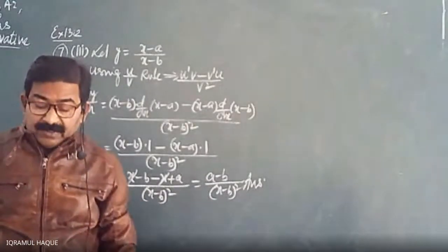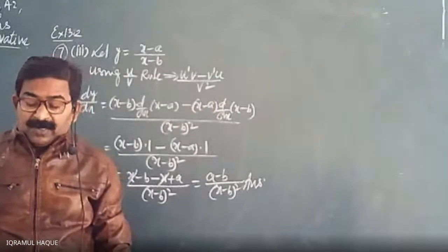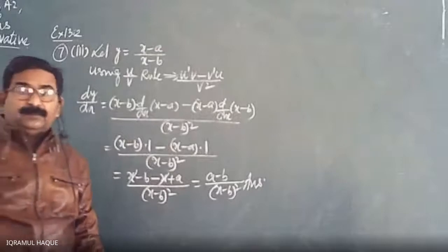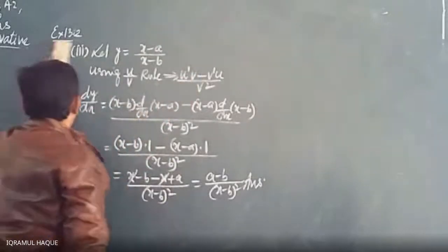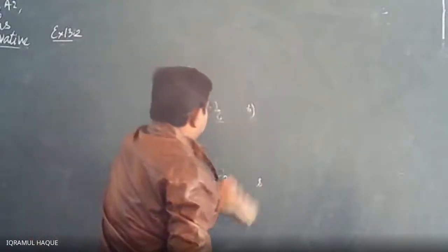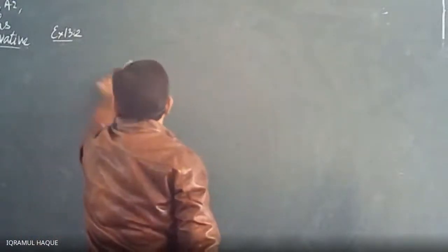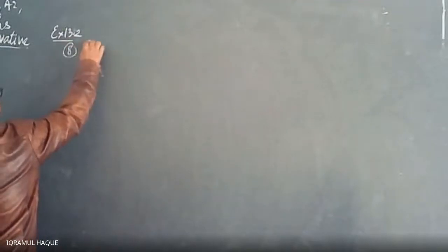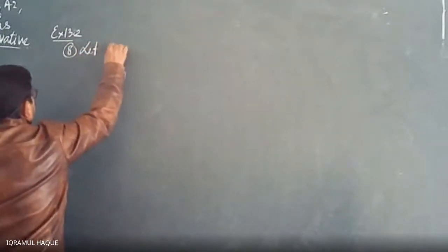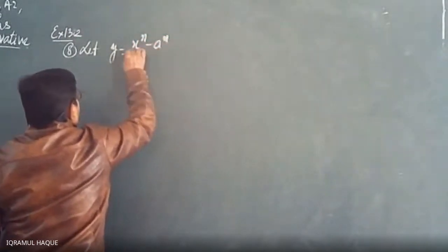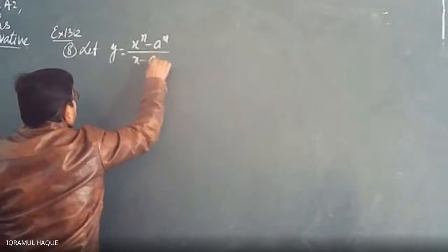Question is, find the derivative of (x to the power n minus a to the power n) upon (x minus a) for some constant a. So we have, let y is equal to (x to the power n minus a to the power n) upon (x minus a).